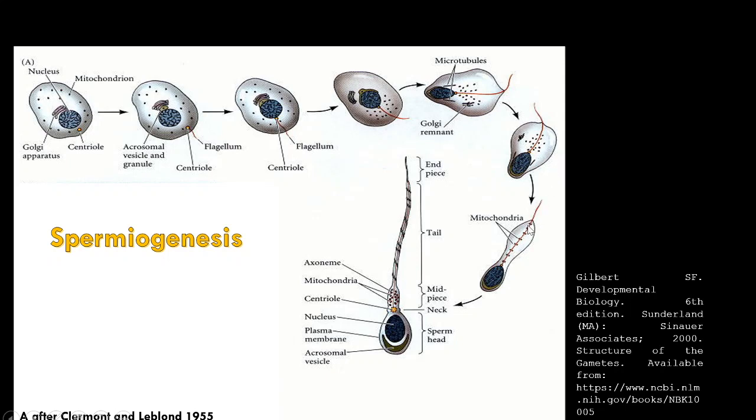The mitochondria have assembled into a mitochondrial sheath, and this will ultimately form the mature spermatozoon having an acrosome, plasma membrane, and nucleus in the head region. Then there is the neck region with the proximal and the distal centrioles. Then there is a middle piece with the mitochondria, which leads into the tail region, and the end piece which contains the axoneme.